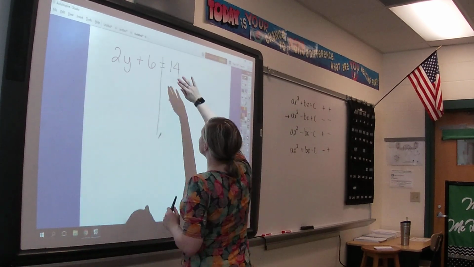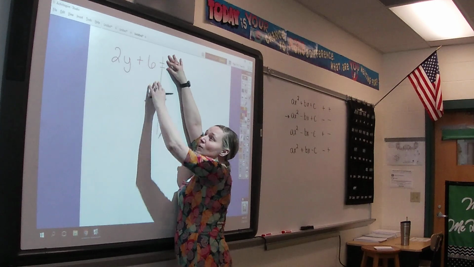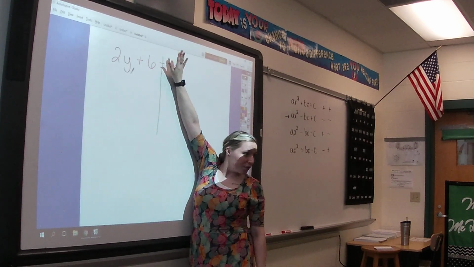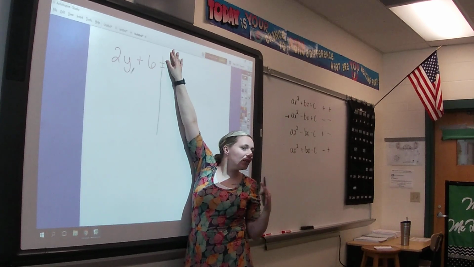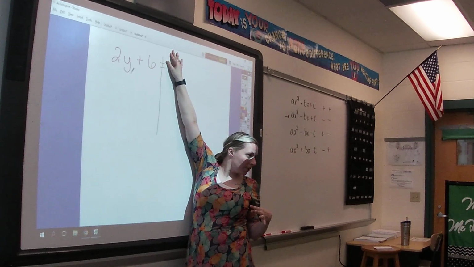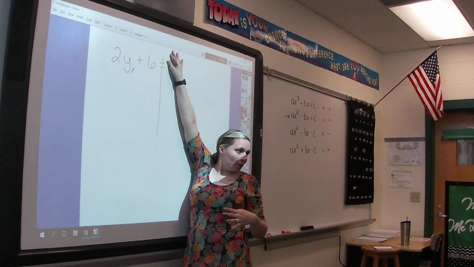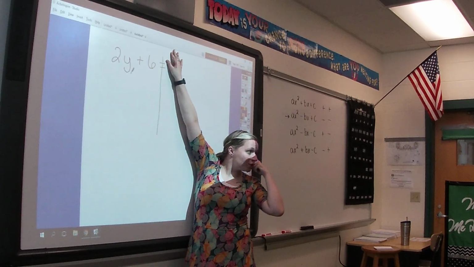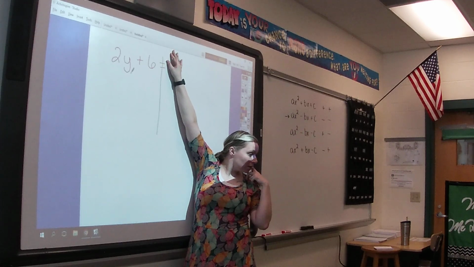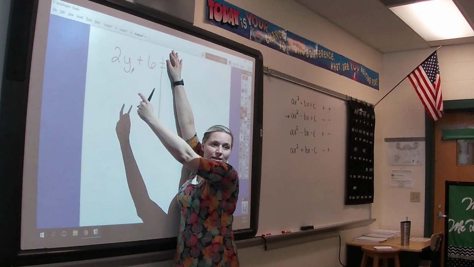So if I ignore this here, I'm going to focus my eyeballs over here. This number is irrelevant for the time being because it's not the same side that the variable is on. And I'm going to look over here and tell myself, I want to undo addition and subtraction first. So do I see any addition or subtraction?